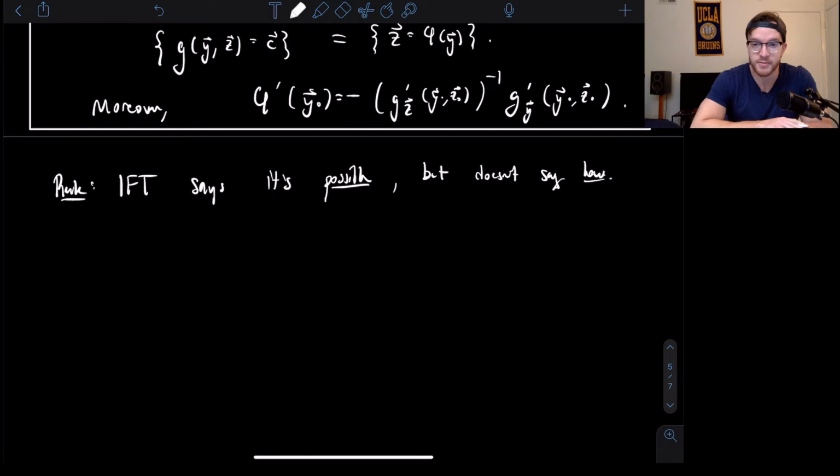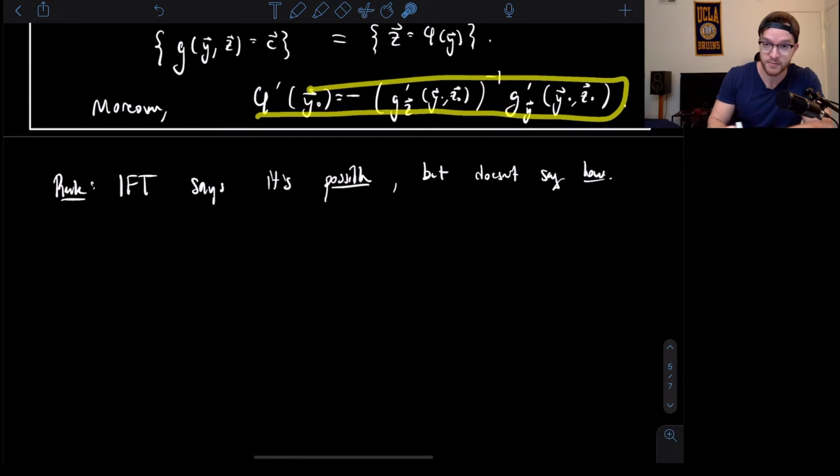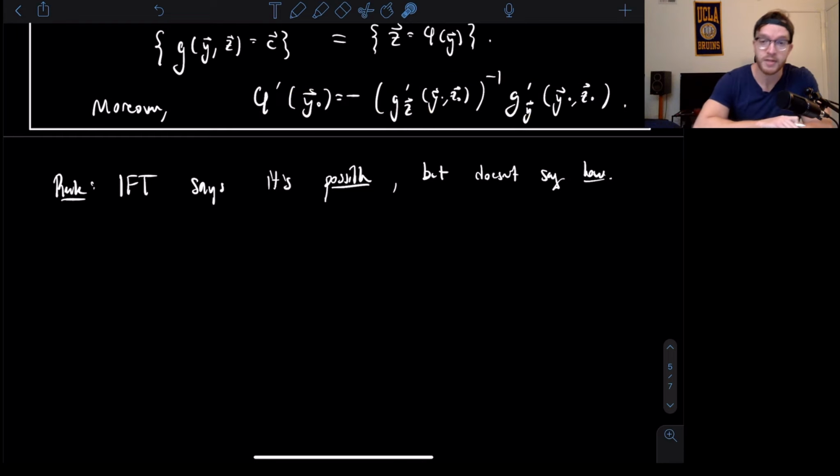And again, that's to be expected because this is a highly nonlinear problem, potentially. But it does tell us about the derivatives of phi. So we can get a good degree 1 approximation using that Jacobian.